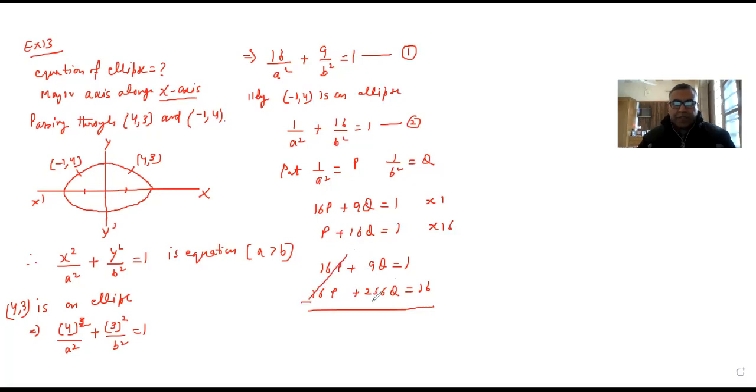Subtracting, minus 247q is equal to minus 15, so q is equal to 15 upon 247.